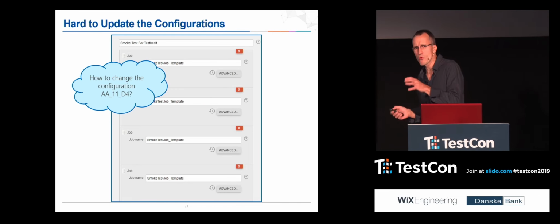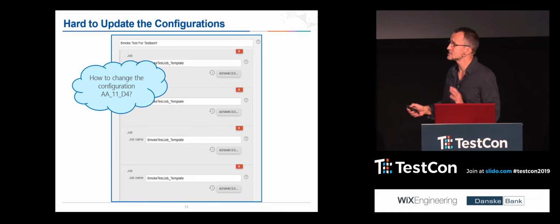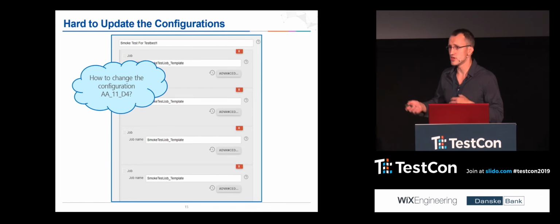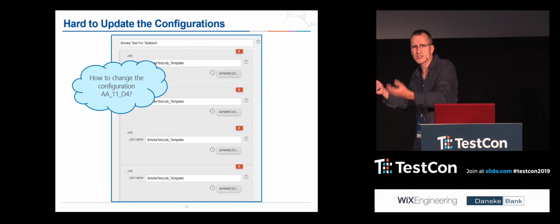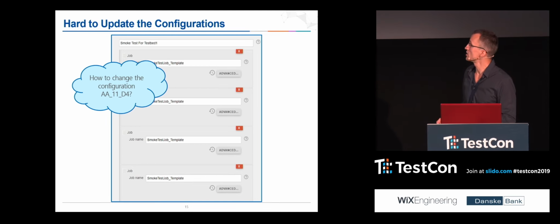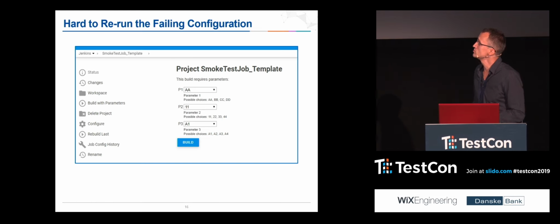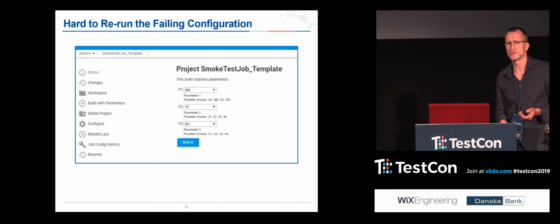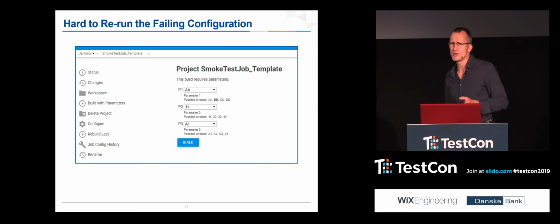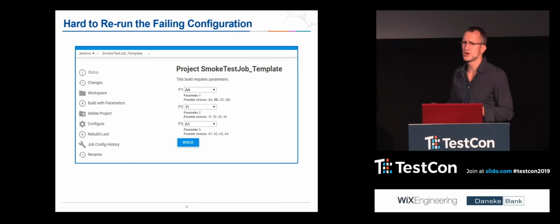Moreover, if you are the one who maintains this, it may be less painful. But if these testing activities are shared between multiple people, it may be really hard to figure out what to do. And if you want to rerun the failing configuration, it's extremely painful because you need to understand what each parameter means.